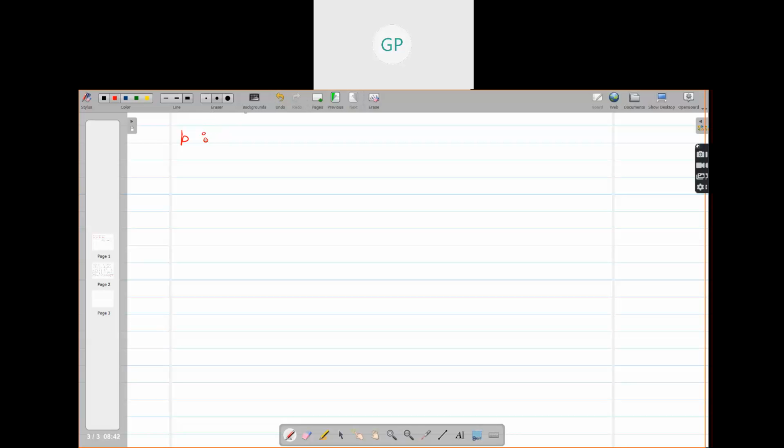First one is interest rates are low, P. Then what is Q?